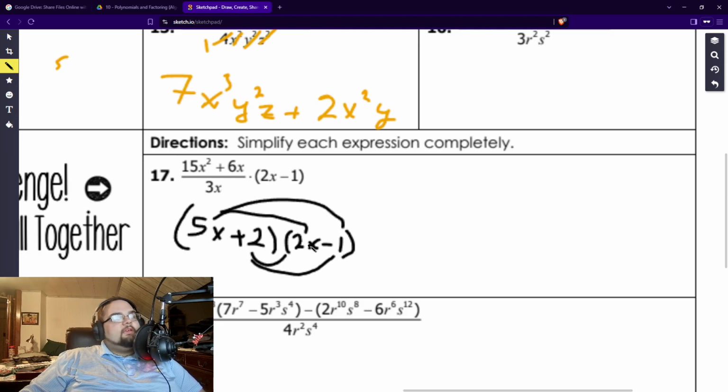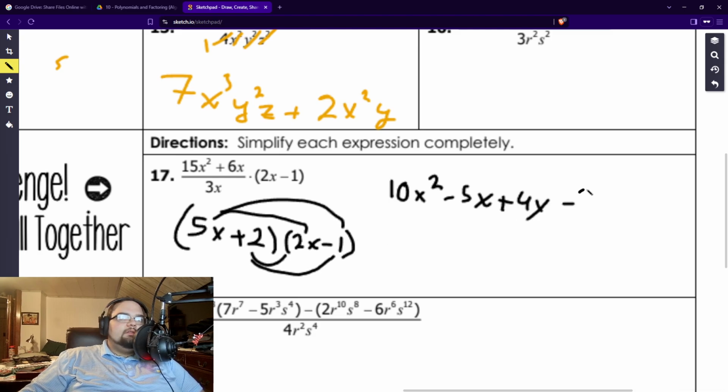Okay, 5x and 2x, 10x squared. 5x, negative 1, negative 5x. 2, 2x, 4x. 2, negative 1, negative 2. Then I simplify. 10x squared minus x minus 2.